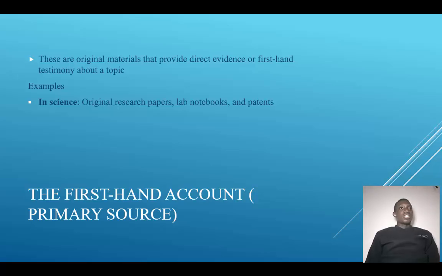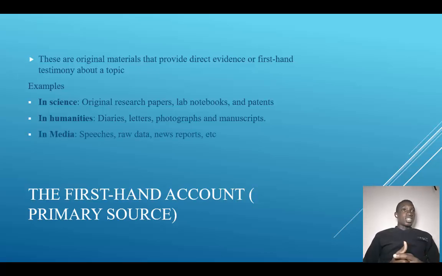In humanities, we refer first-hand information to diaries, letters, photographs, and manuscripts. In media, we refer information to be first-hand from speeches, raw data, and news reports, to mention but a few.